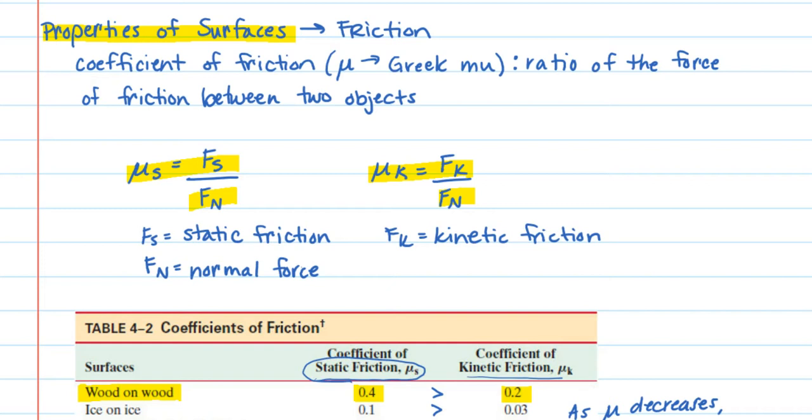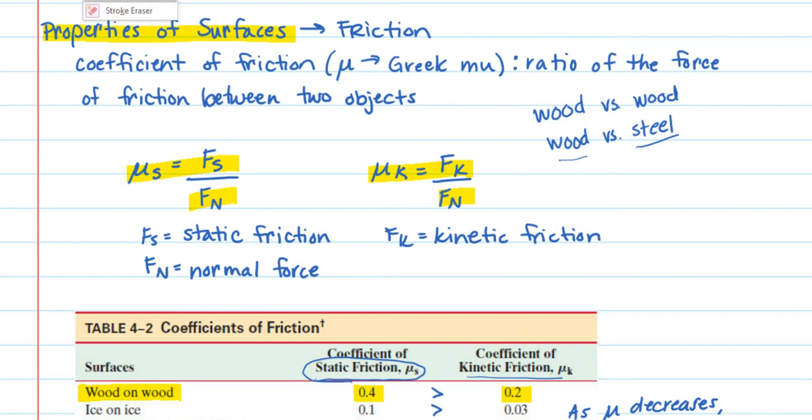So for example, wood interacting with wood in a problem is always going to have the same coefficient of friction. Wood with steel will have a different coefficient of friction, but it will always be the same regardless of the size of the piece of wood and the size of the steel.